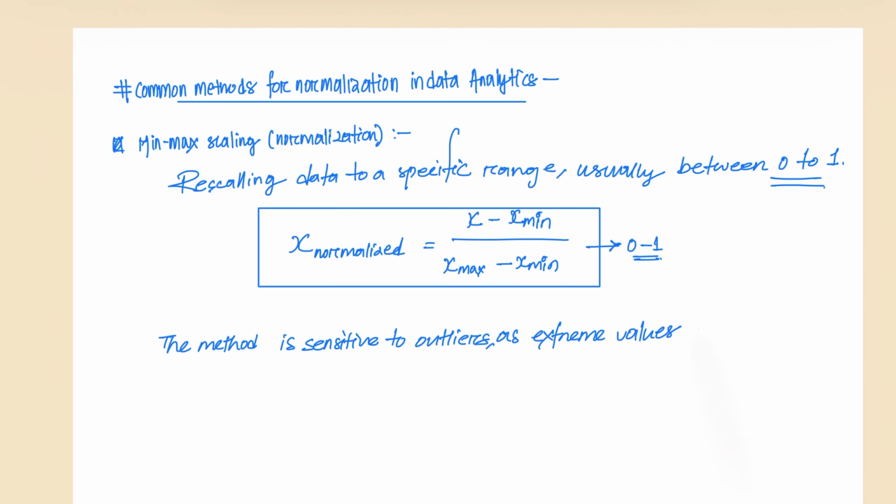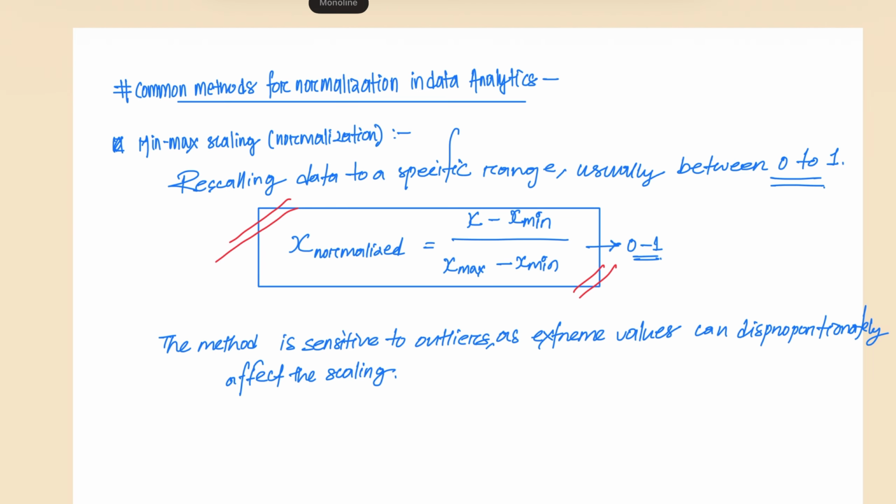Extreme values can disproportionately affect the scaling. Okay, this is the thing. This is the formula you must remember. This is x normalized equal to x minus x minimum by x maximum minus x minimum.